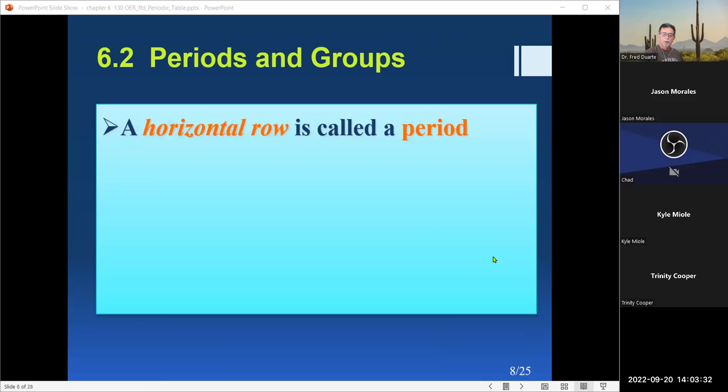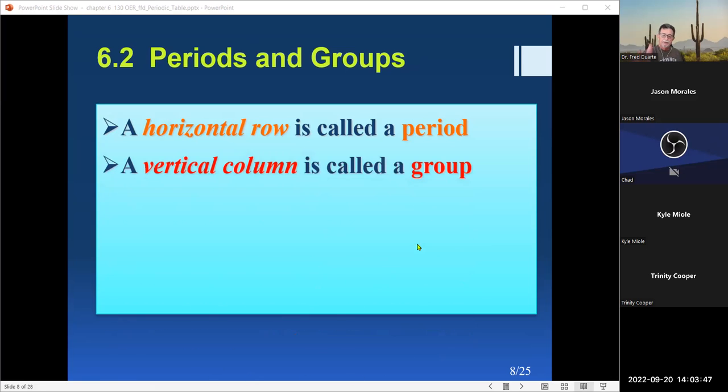All right, so the horizontal rows, which I've noted as energy levels 1 through 7, are denoted as periods. Period 1, period 2, period 3, period 4, etc. to period 7. The vertical columns are called the groups. You also may see the term family, but group is the name most commonly used.